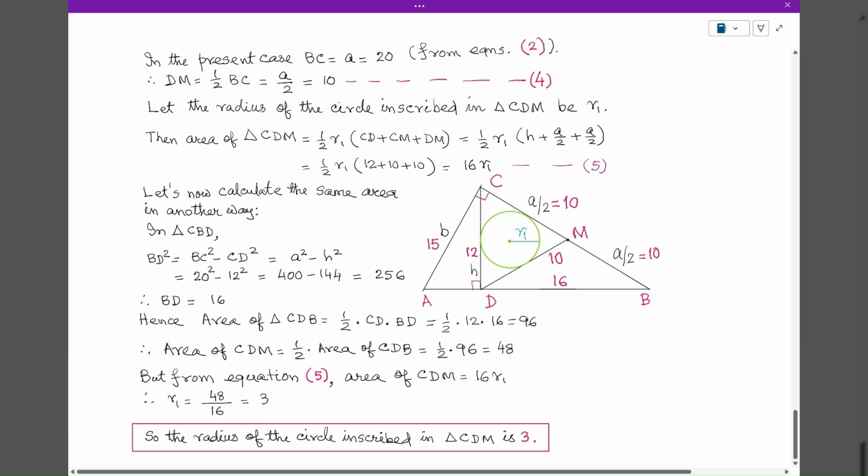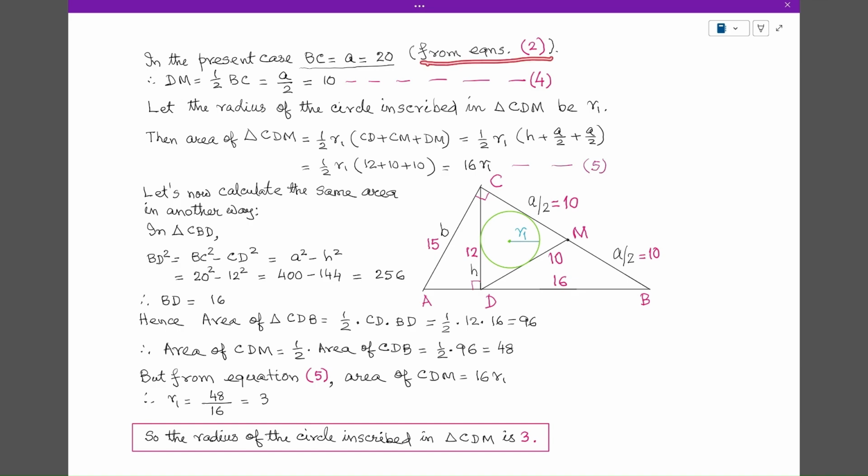In the present case, BC is equal to A is equal to 20, it is given in equation 2. If you go back, you will find in equation 2, we had found out the value of A to be 20. Therefore, DM is equal to half of BC is equal to 10.